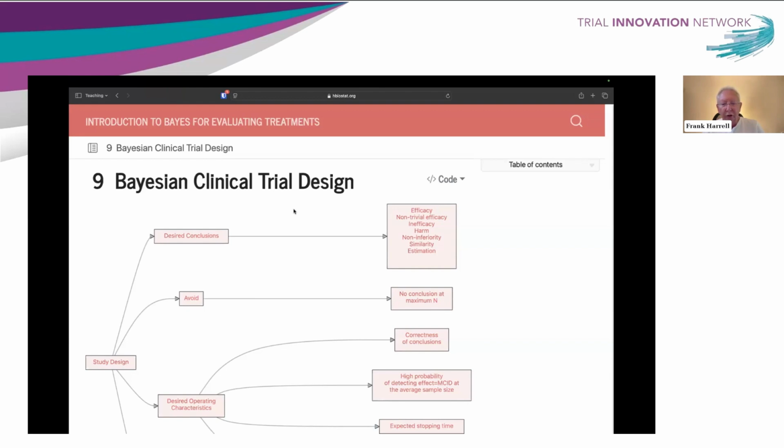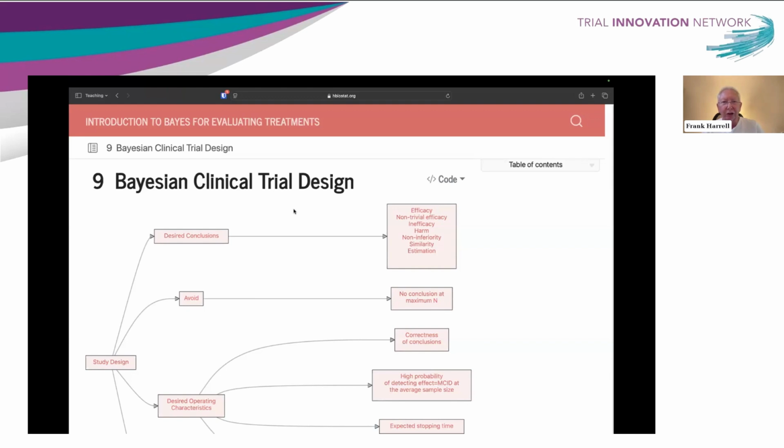And there's really two secrets to efficiency and clinical relevance that I'm going to highlight here. One secret is having a sequential design with infinitely many looks at the data. And the other one is having an honest effect size in the design.